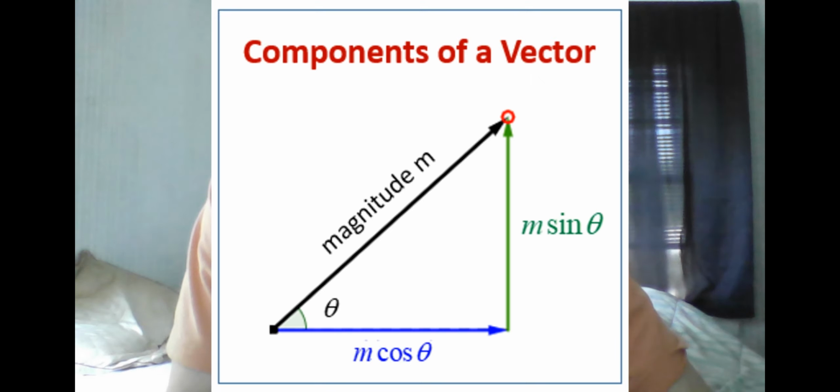Although we did not figure out formulas for the x and y components of a right triangle with relation to the hypotenuse in the previous video, we can do that now in this video.